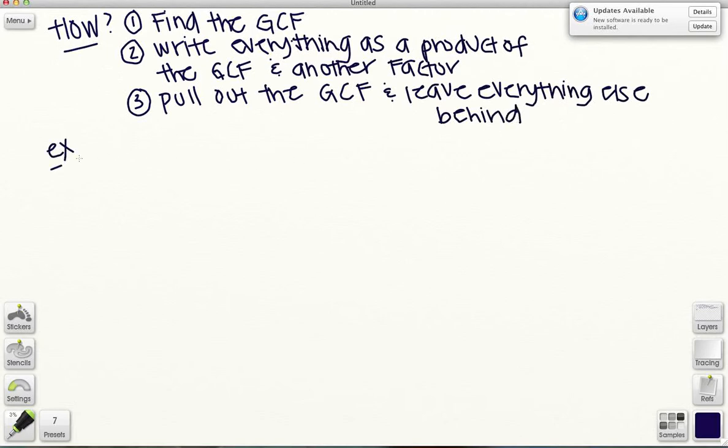So let's do an example together. And the example that I want to do is this one. Let's factor 3x cubed plus x squared plus 9x squared y.